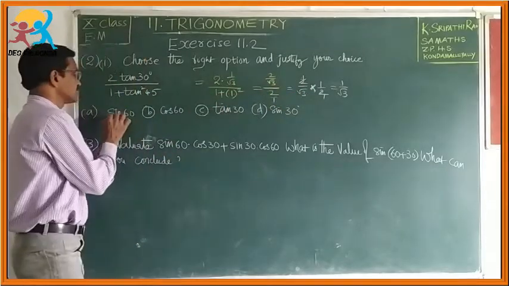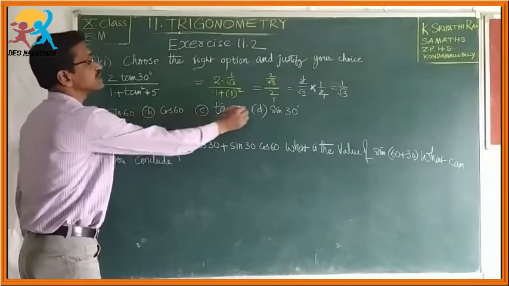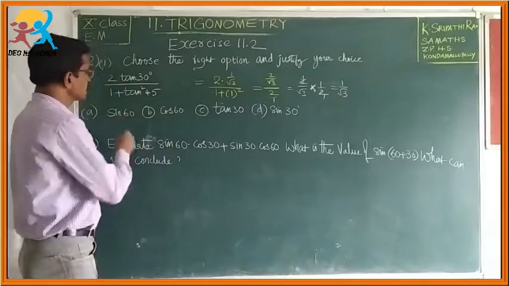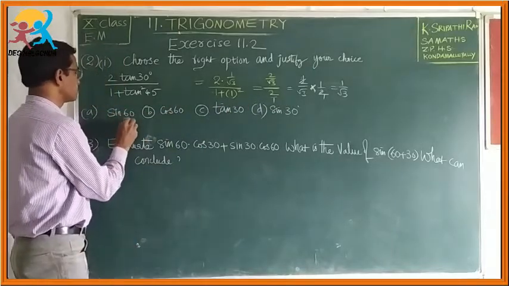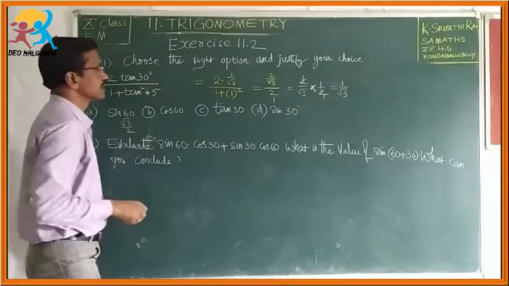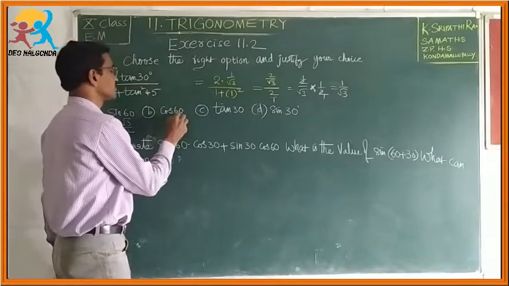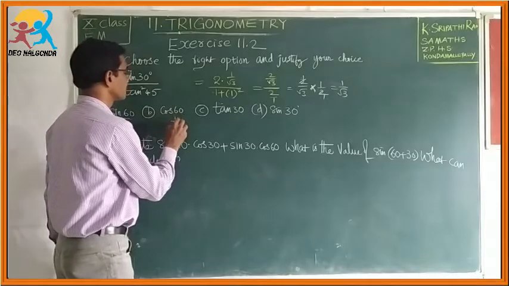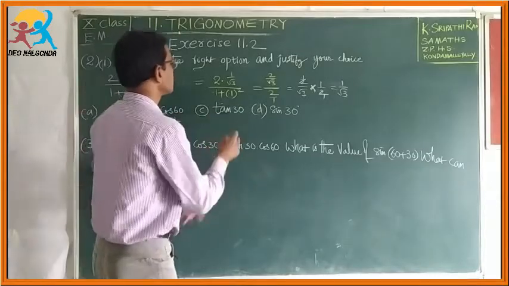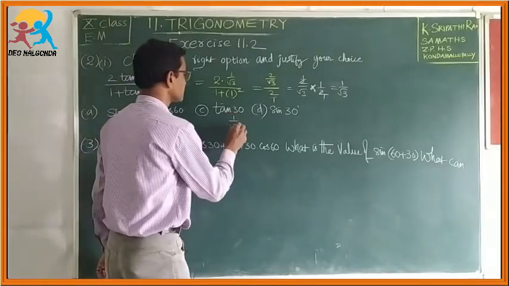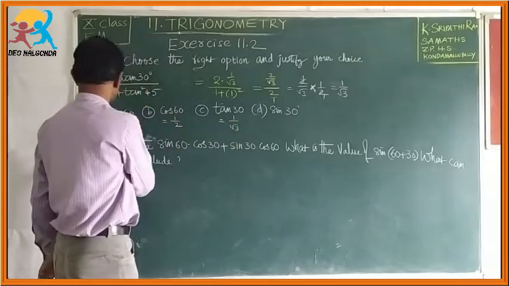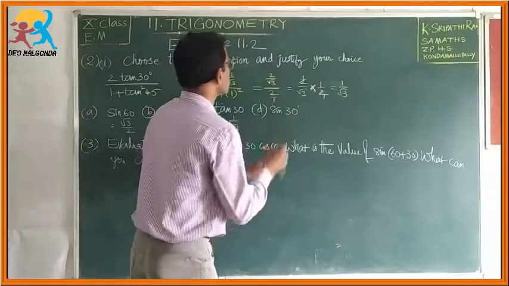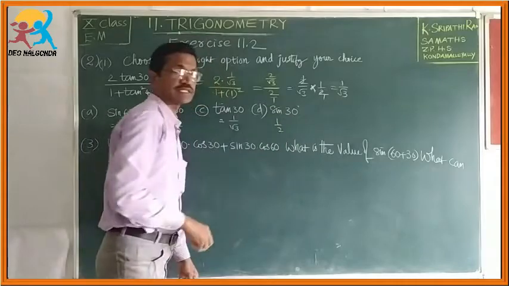Now let us determine the values of these trigonometric ratios. Sin 60 we know the value root 3 by 2, cos 60 is 1 by 2, tan 30 is 1 by root 3, sin 30 is 1 by 2. So compare the answers.